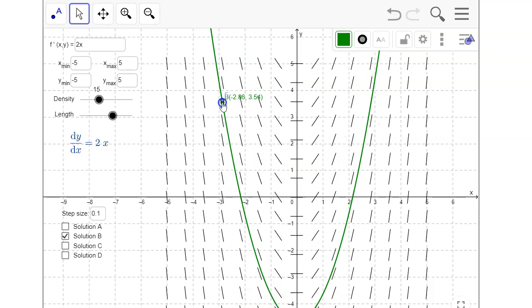Well, this is the idea of the plus c when you're doing an antiderivative. So this is just dy/dx in the single variable version. dy/dx, the slope at any point in the plane, is 2 times the x coordinate. That would look like this slope field.